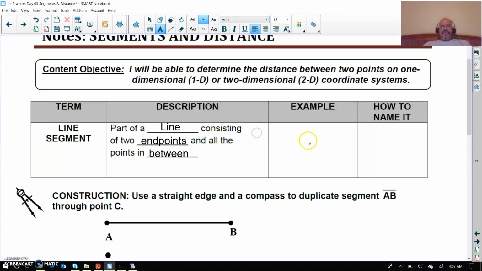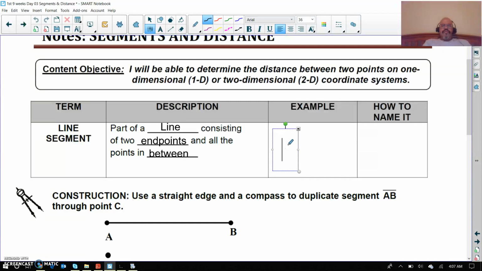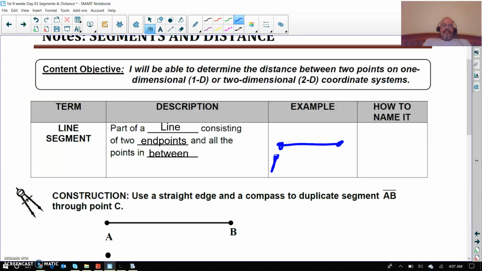I think that does a little better than having to write it on the screen, doesn't it? Here we have an example of this. We have a couple of endpoints, and then we have the line segment itself. How to name this? This is going to be line segment AB. We have to have that symbol for line segment right there.